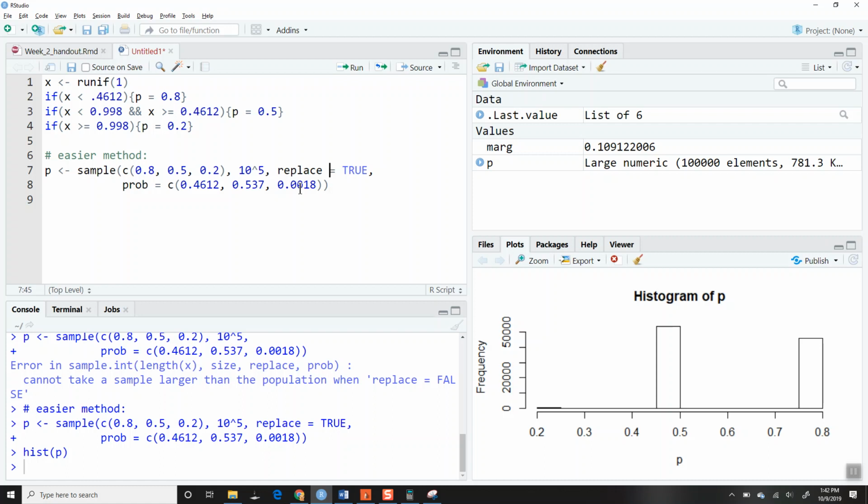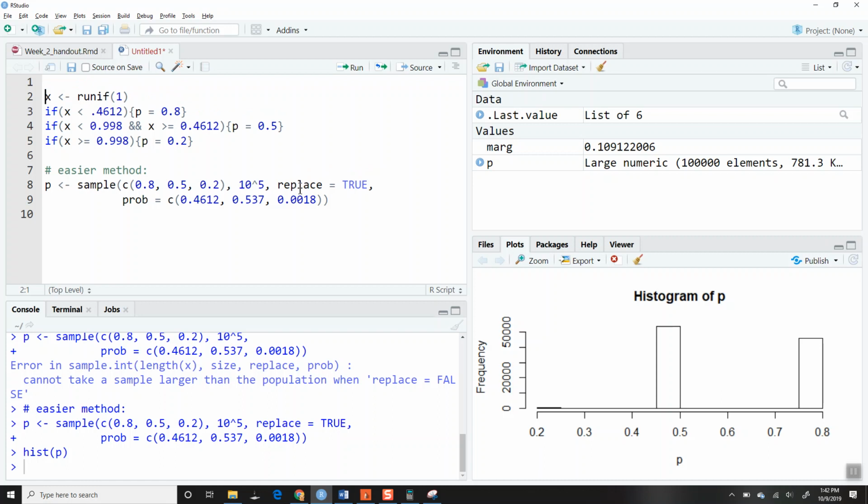Okay, so that's that. And then if we wanted to do it the other way, we can do for i in 1 through 10 to the 5, and then we would do this.